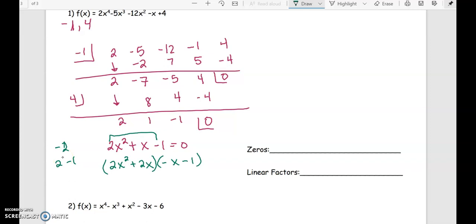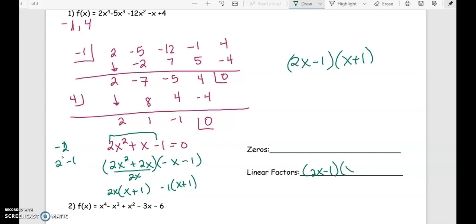I put those in the middle, keeping the first term, keeping the last term, and grouping these first two, taking out a 2x, and I'm left with an x plus 1, taking out a -1, left with x plus 1. So I have a 2x minus 1 and an x plus 1. Those are some of my factors. I have my x plus 1, and I have my x minus 4. I'm always doing the opposite of those signs.